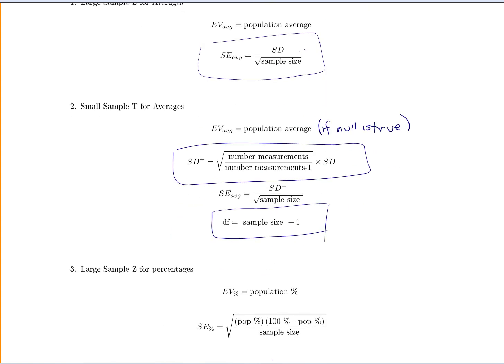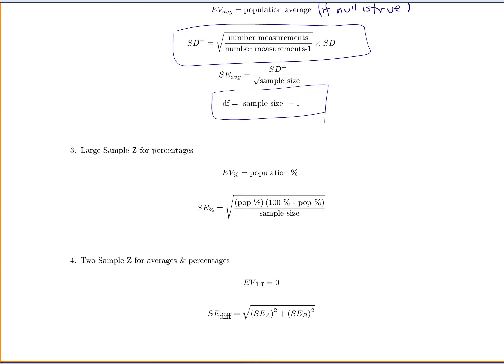Small or large sample z-test for percentages would be your expected value for percent equals your population percentage, if the null is true. And the standard error, again, is this nice long formula. Oh, sorry, I didn't say, this formula will, of course, be on your formula sheet as well.